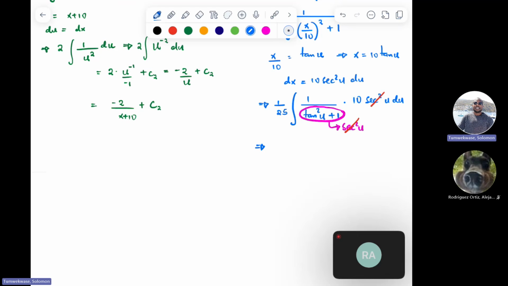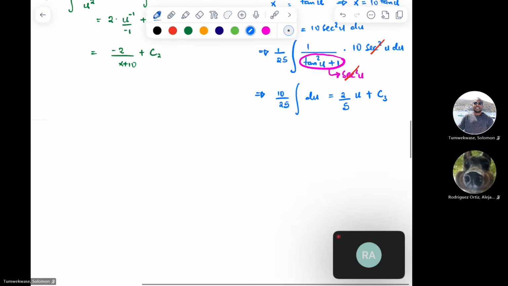This 10 is a constant, so 10 over 25, then integral of du, and 10 over 25 is 2 over 5, then times u, then plus some constant of integration, which I'm gonna call constant 3, okay?